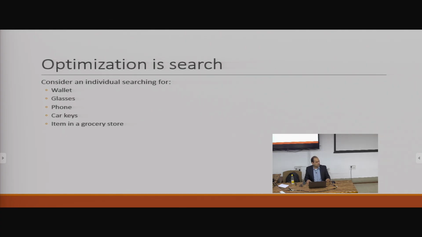How's this optimization? If you think back to what we discussed in decision analysis, when you are searching for something, you have an objective. You are trying to say, okay, I'm going to minimize cost. I'm going to find something fast. I'm going to do all those things. So there's many variables you're trying to minimize or maximize simultaneously when you are searching for something.